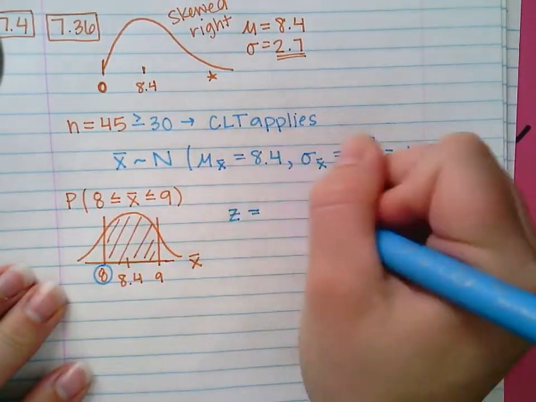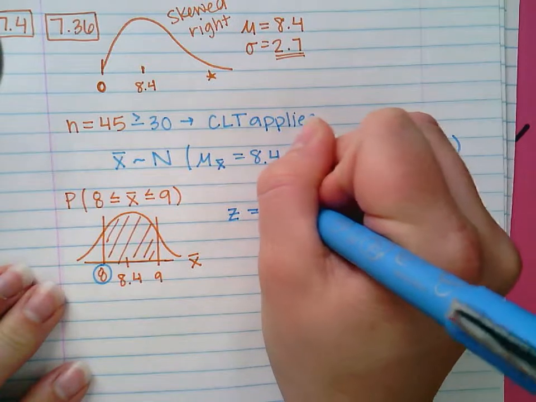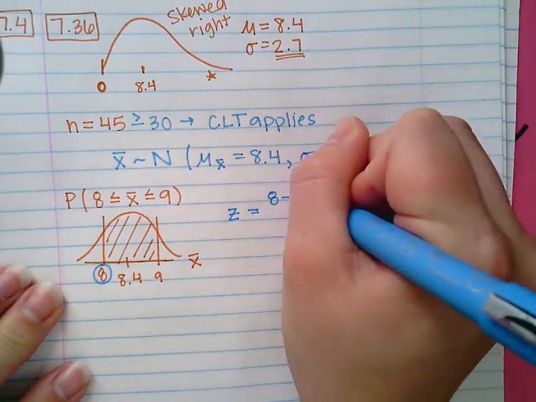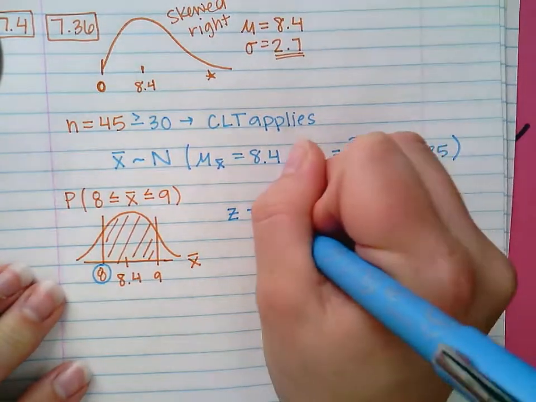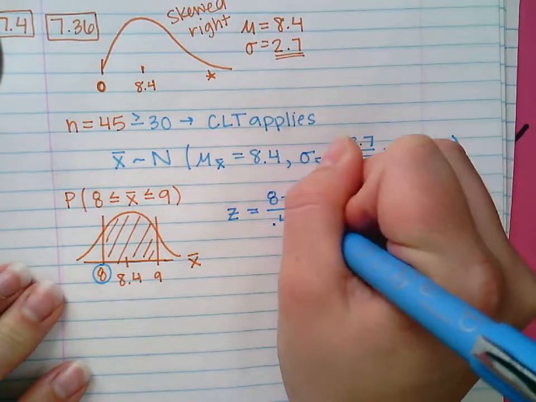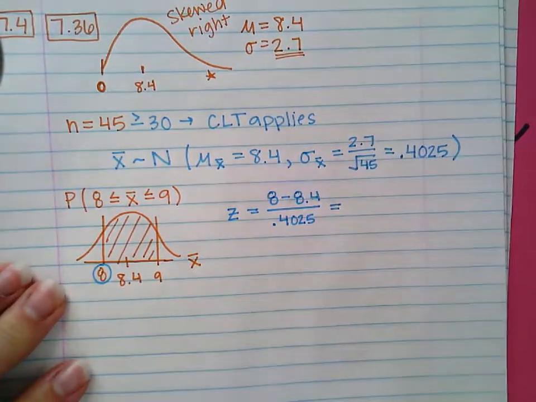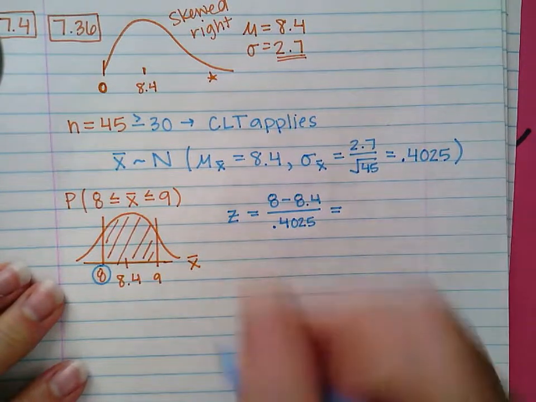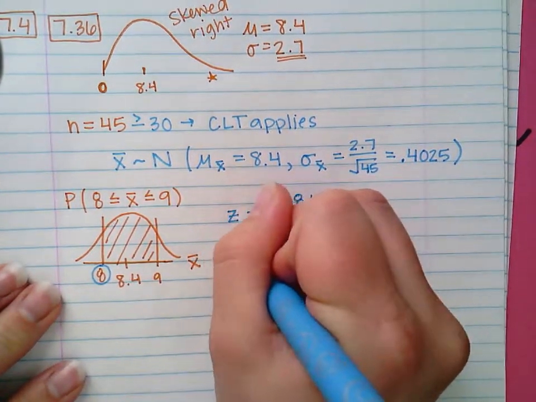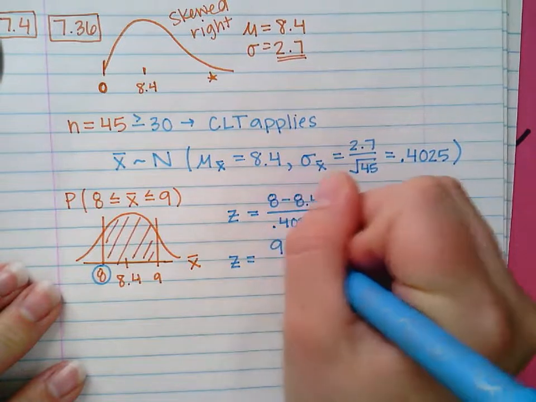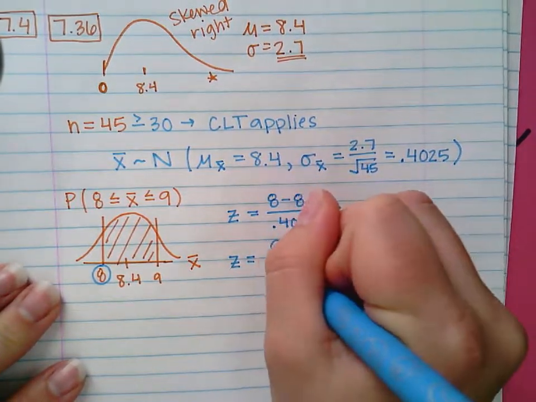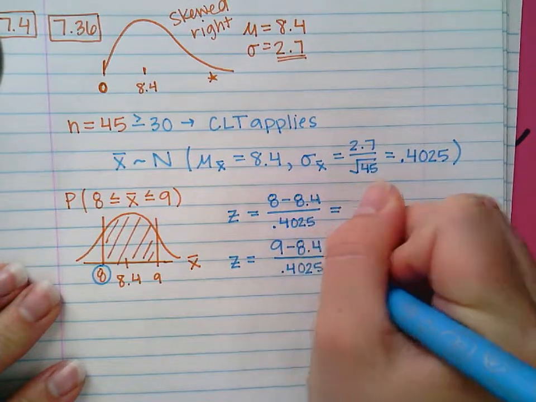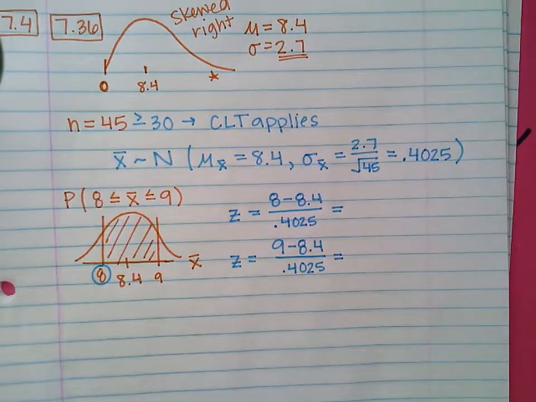So the z for 8 is x minus the mean all over the standard deviation of the sampling distribution. I'm going to do that same formula for 9 to find the two z-scores.